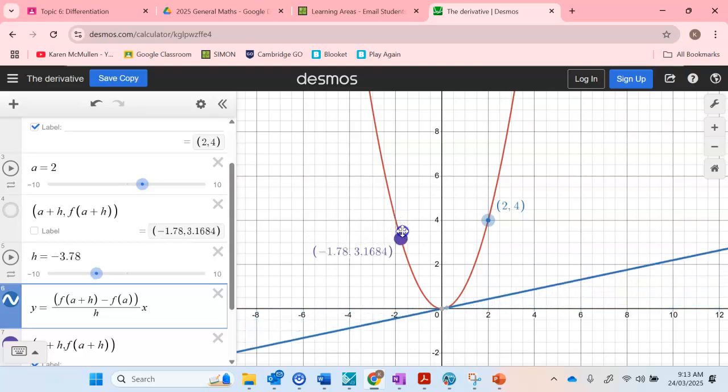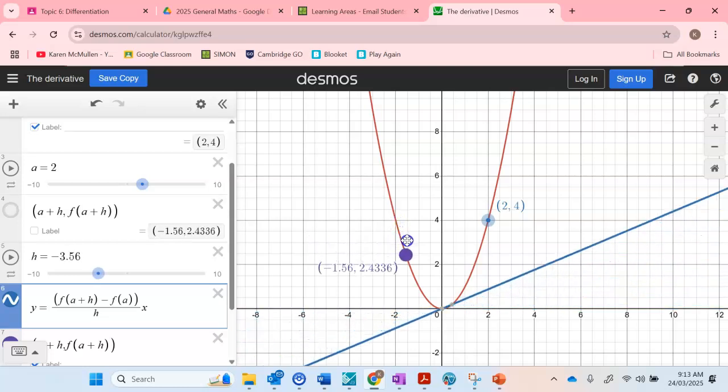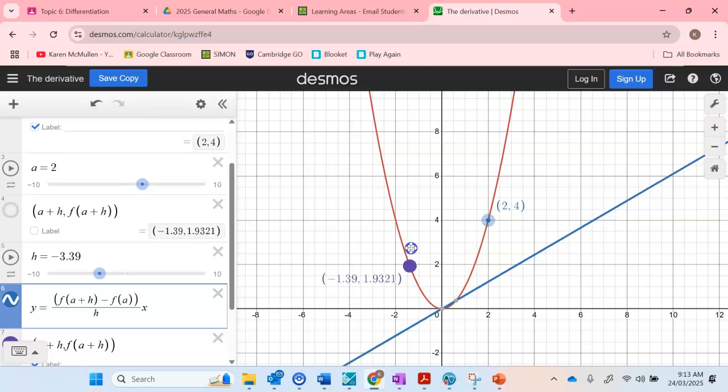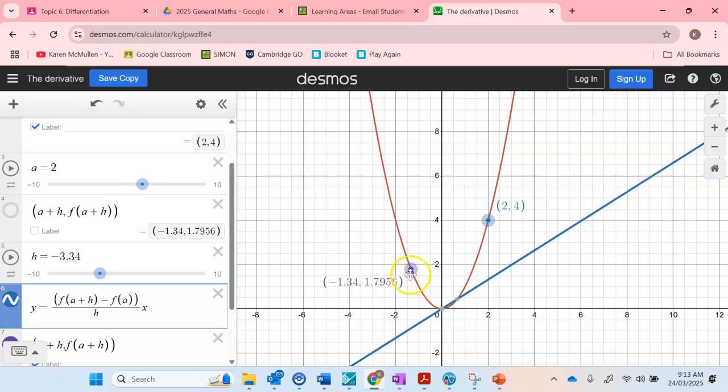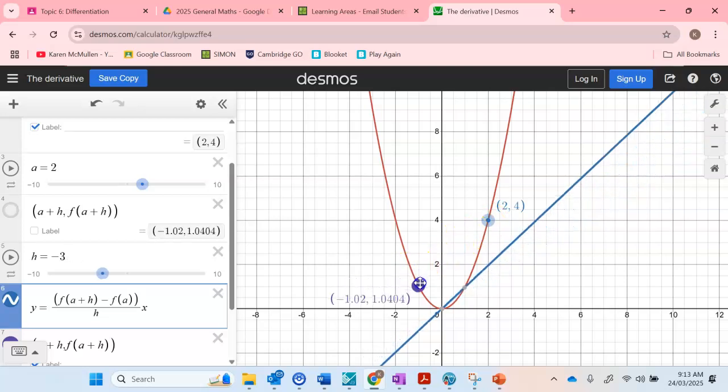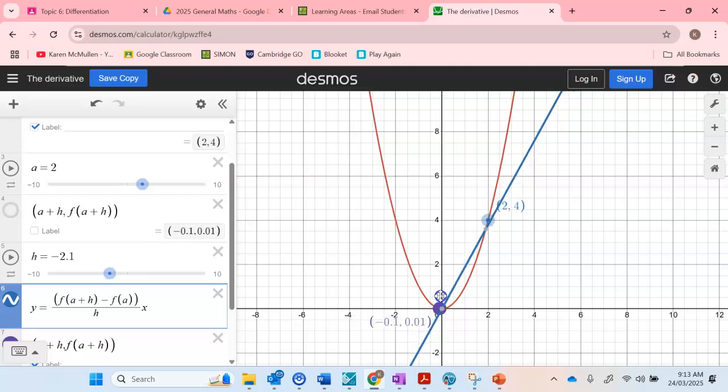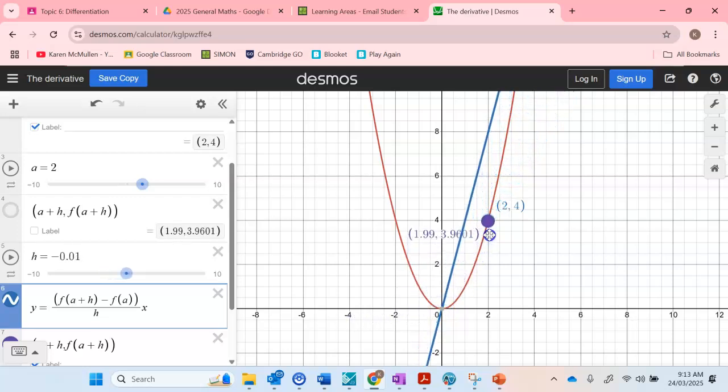So as I move h, you can see that blue line moving. Basically that line is parallel to the line going through the two dots. It might be a bit hard to see now, but as I move that point closer and closer to this dot here, oops, it'll disappear because h is the difference between the two points.